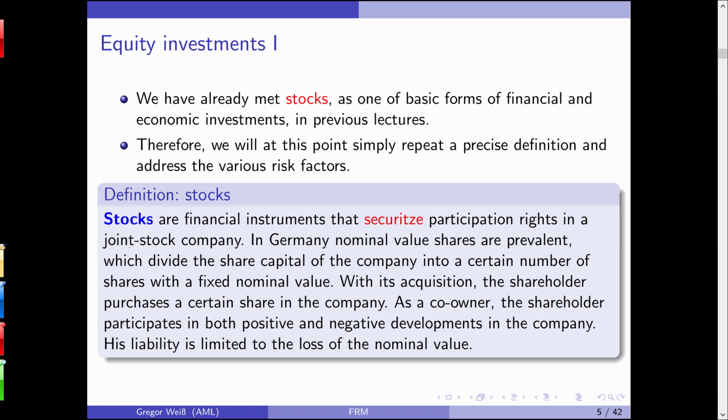And by acquiring a share, you become a part owner in this company, and you have the right, for example, to receive a dividend. You have voting rights, and of course you have limited liability, because if the company defaults, you don't have to pay up more money than you've already invested by acquiring the stock.